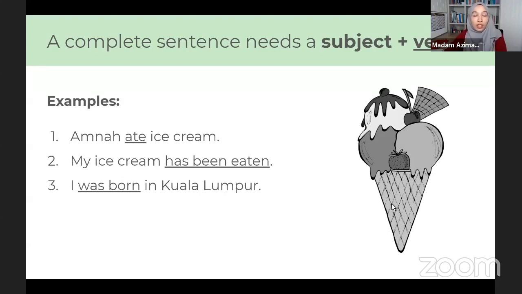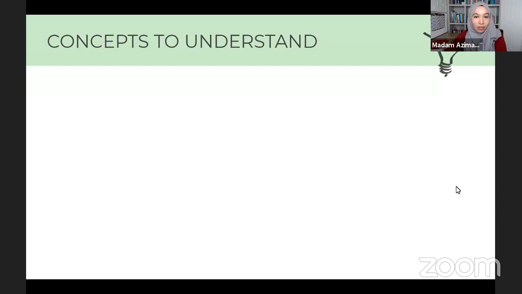Okay, so we're going straight to concepts for you to understand, and I've got 7 concepts. Now that you understand we need subject and verb, let's break down some concepts before we talk about active versus passive. These might be very simple, so I'll gloss over them. What's a subject? It could be any noun, a pronoun, or a noun phrase.